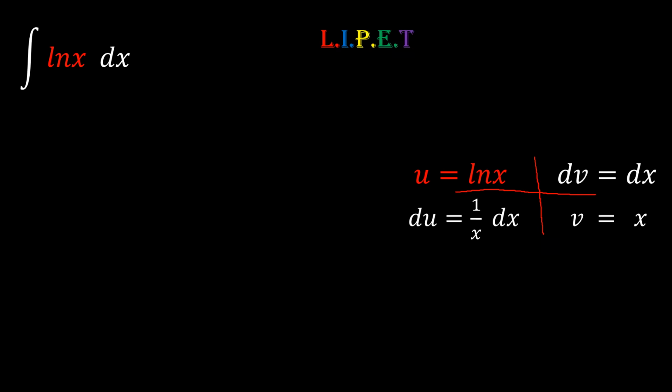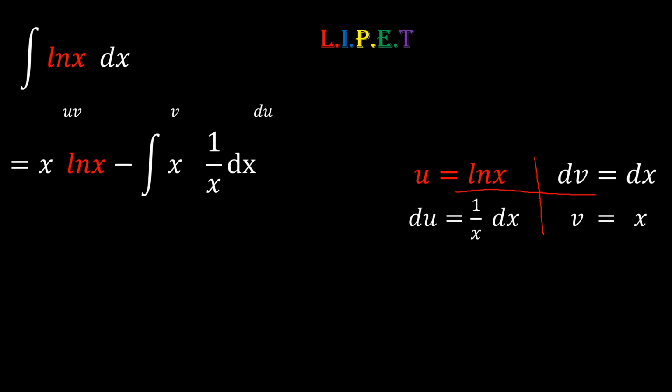But let's go ahead and use the formula. So we have x ln x, which is really our uv, minus, remember that's uv, x ln x, minus v du. That's the formula we're just following. And now at this time we see that we can simplify something here.